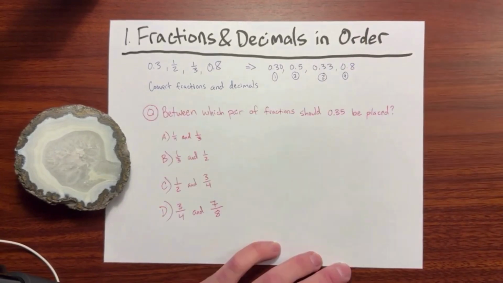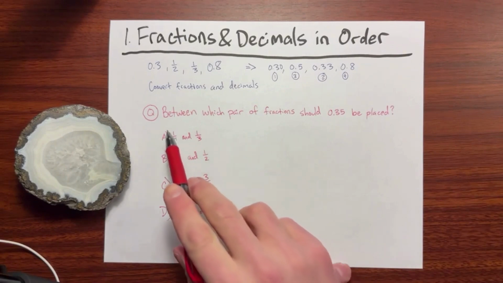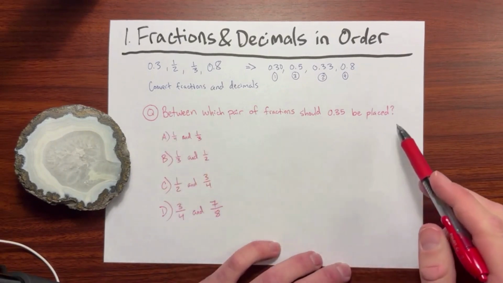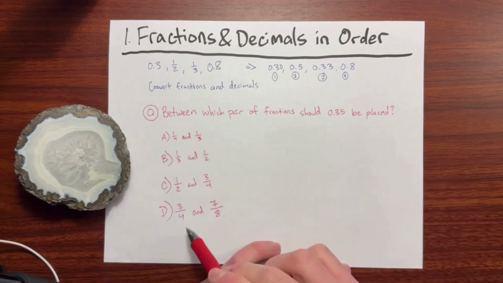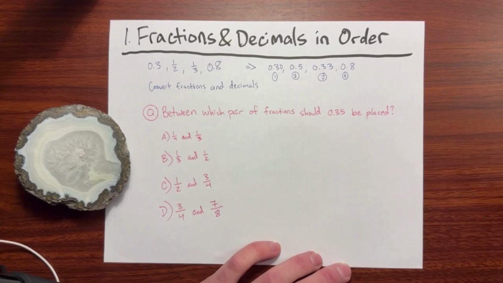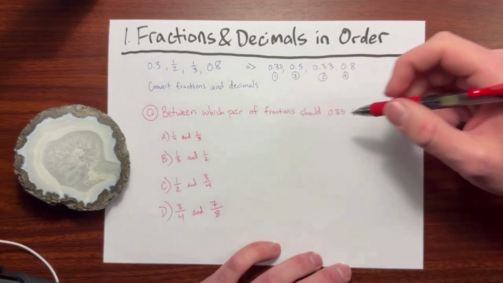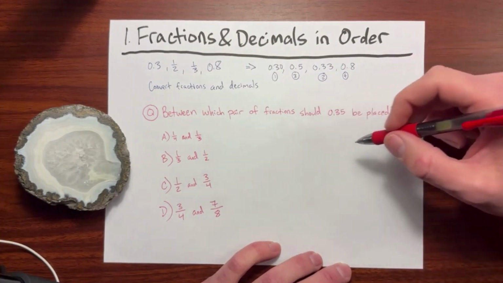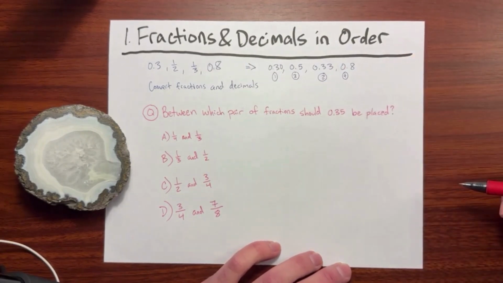So a question for one of these could look something like this, and it asks, between which pair of fractions should 0.35 be placed? And we see we have a number of fractions less than 1 for answers here. So the easiest way, we will start to convert each of these into decimals and see where 0.35 should be placed.